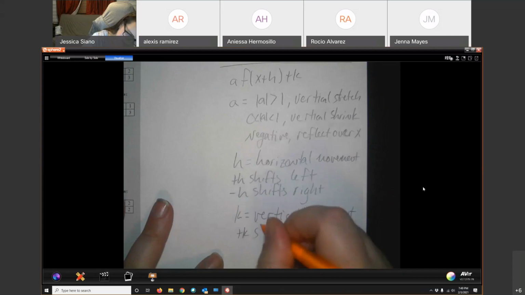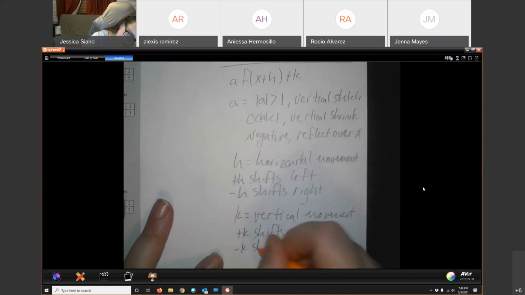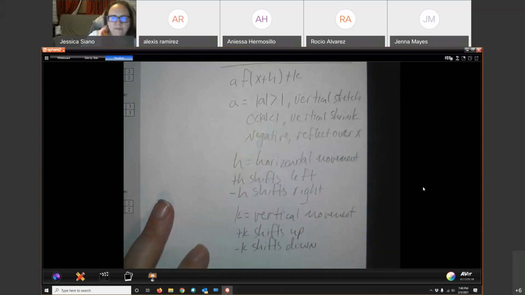A plus K shifts up, and a minus K shifts down. This is just about all of the transformation rules you will need. So if you have your camera and you want to take a quick picture of this, that might be helpful. I'll leave it up there for a 10 count. That way you can do that if you'd like.